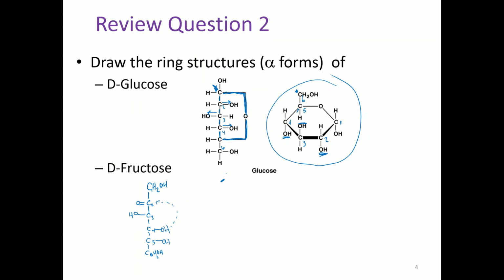Okay, and that forms a ring structure. So that ring structure is going to involve that oxygen bond to that carbon, and then 2 more carbon-carbon bonds there. Okay, so you have a total of 1, 2, 3, 4.